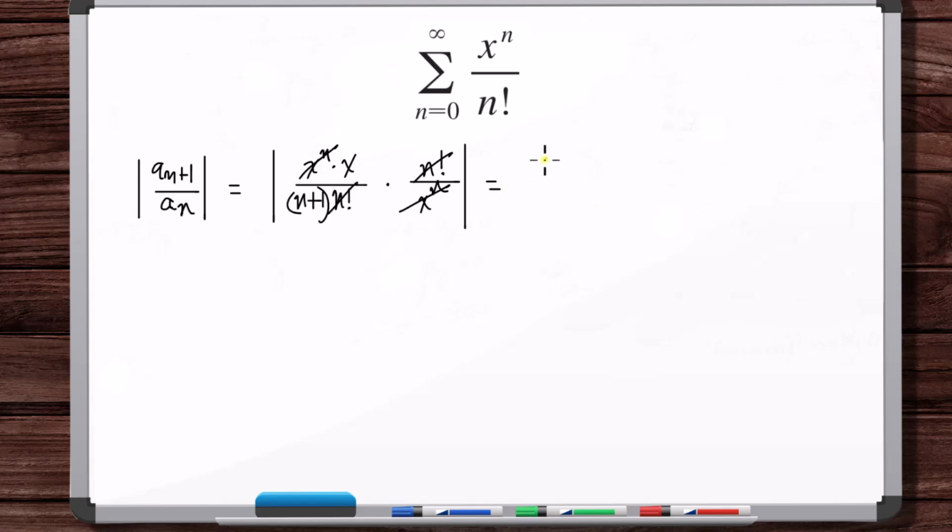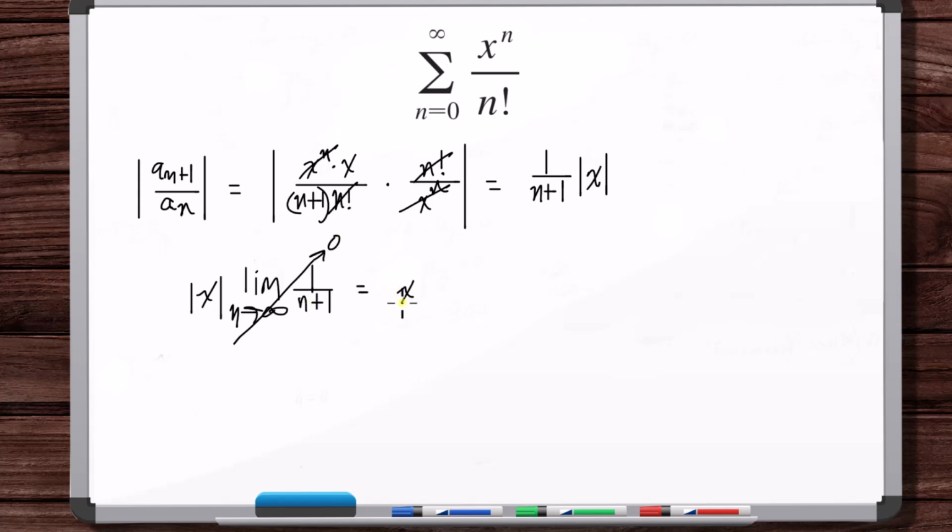The 1 over n plus 1 is always positive, so we could take that out. So we've got the limit as n goes to infinity. Now this is a little bit different. Let's take out the x term. This time this goes to 0, not 1. So we've got the absolute value of x times 0, or something infinitesimally small. This is always going to be 0, which is less than 1.